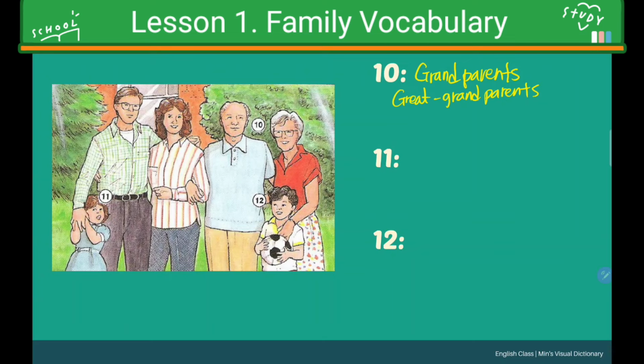If we are just referring to the male, then we call him grandfather. And if it's just a female grandparent, then we call her grandmother, grandmom. Next we have this lovely little girl right there. That's our granddaughter.